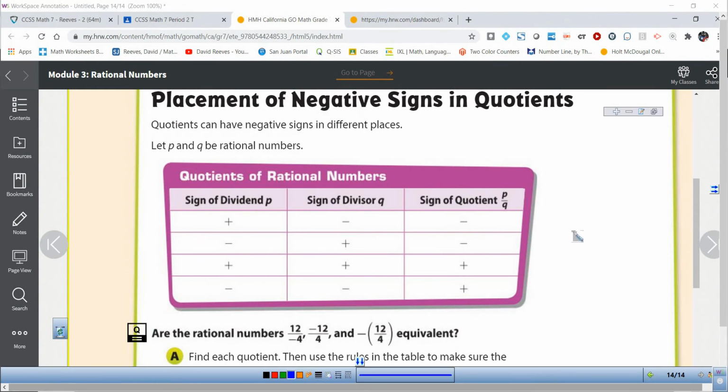The last one would be the opposite of 12 divided by 4. This first number is the dividend, and this one is the divisor.